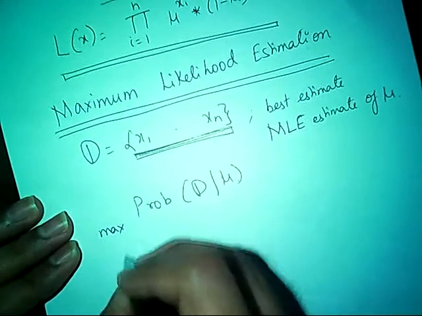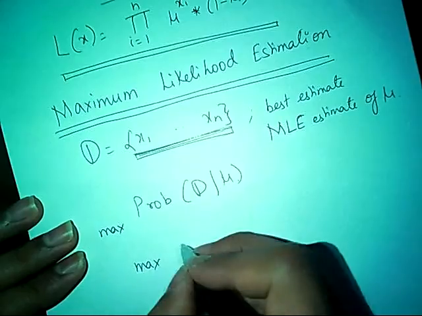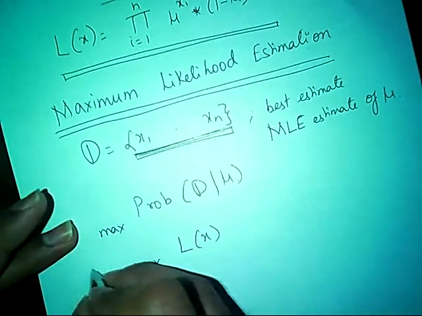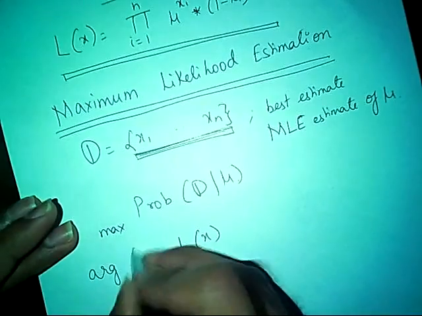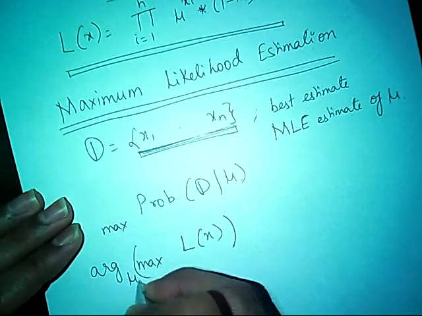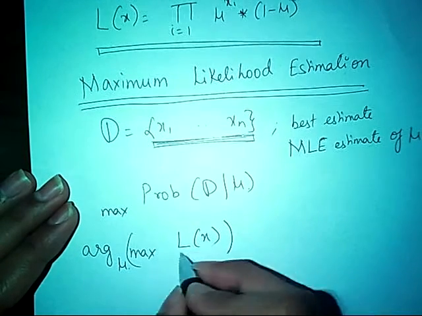So we are going to maximize L of x, and we are going to choose the value of mu that would result in maximum likelihood.